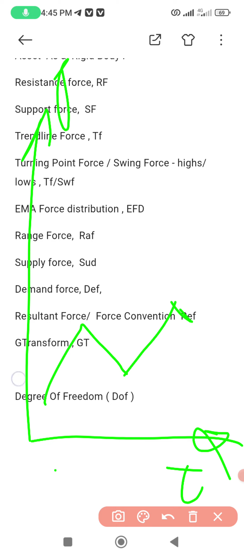If you draw the line of best fit, the line that passes through the symmetry of the price movement, of the price graph, that line is called the resultant force, right?